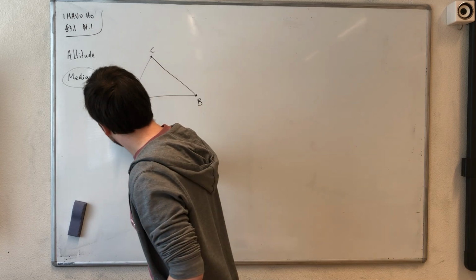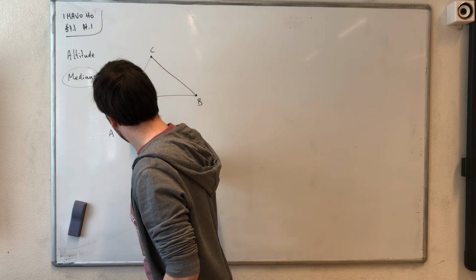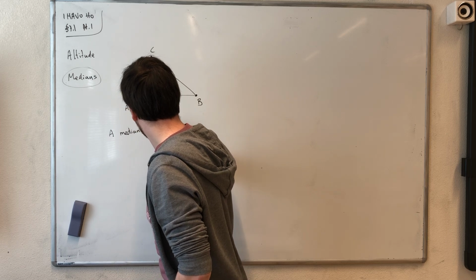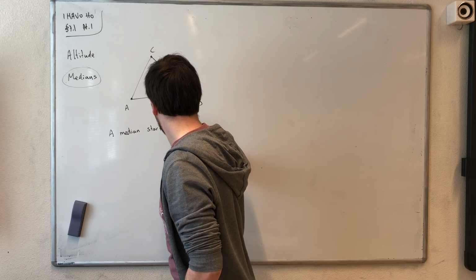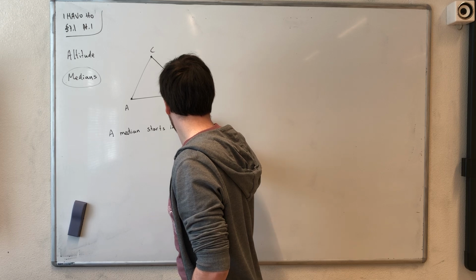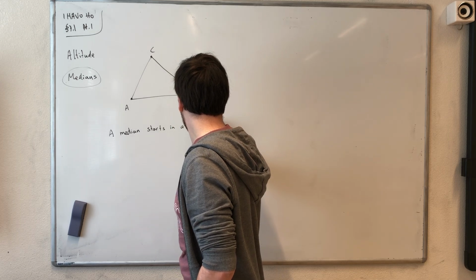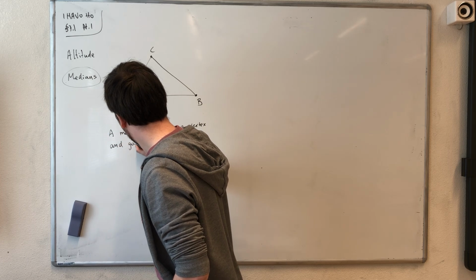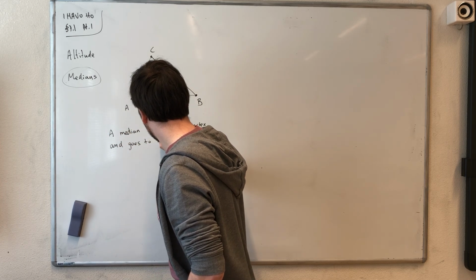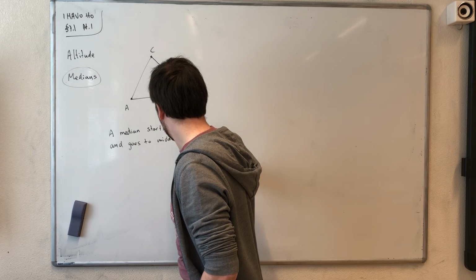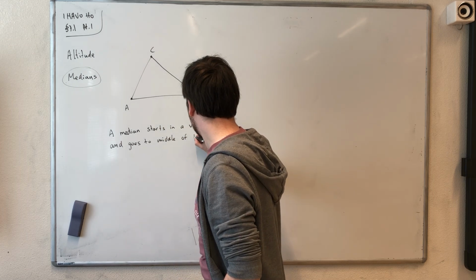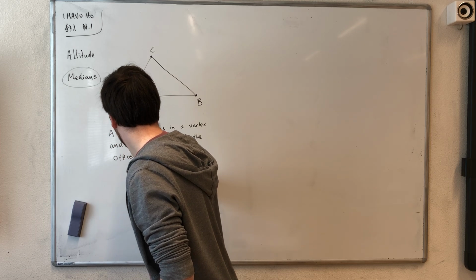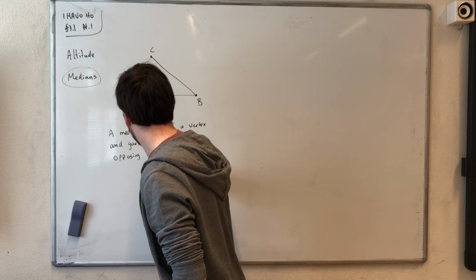A median starts on a vertex and goes to the middle of the opposing side.